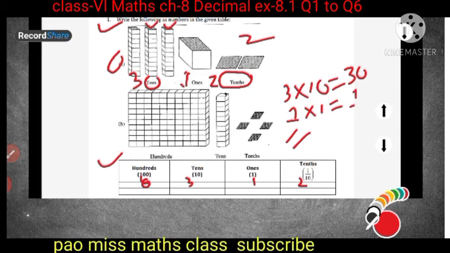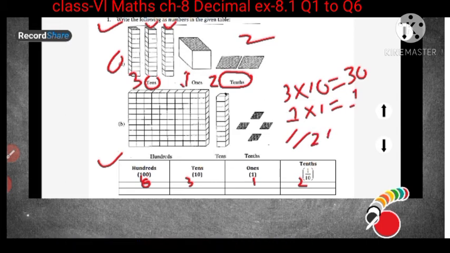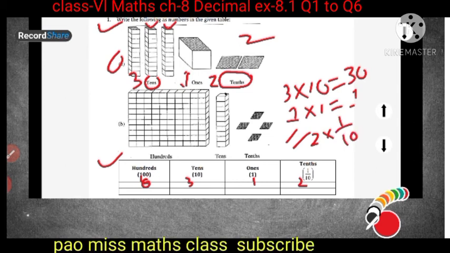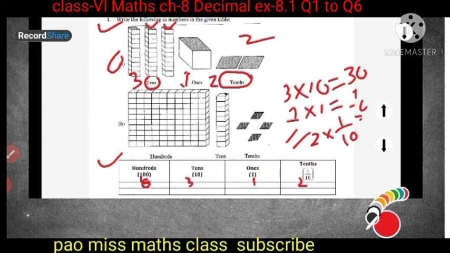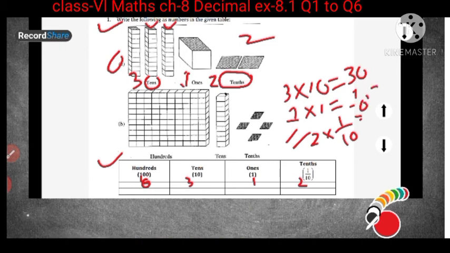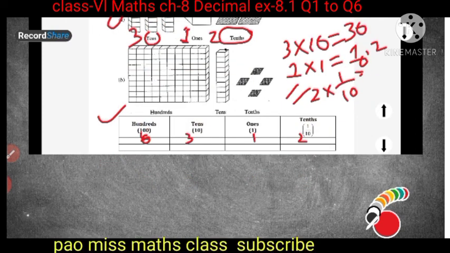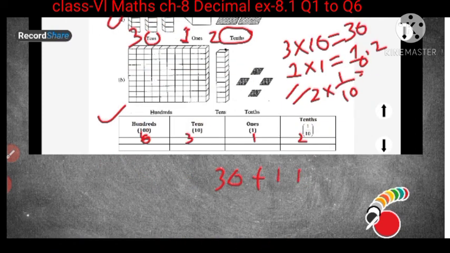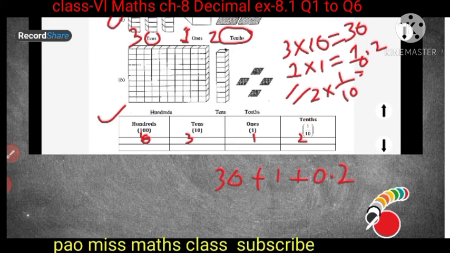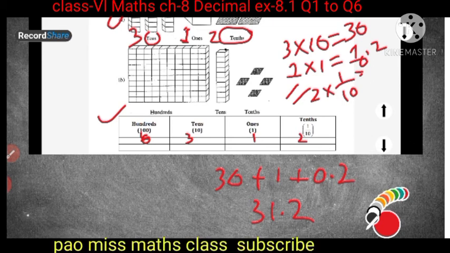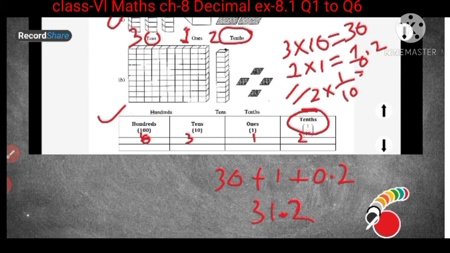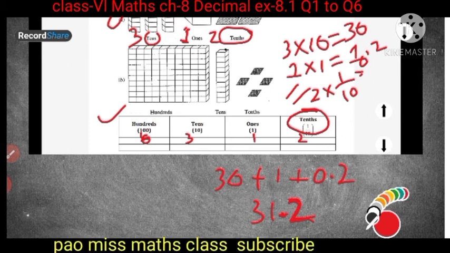And how many tenths are there? 3, so it means 3 into 1 upon 10, which is equal to 0.3. Now if you add all this, 20 plus 1 plus 0.3, it will become 21.3. So wherever you set tenth, that number will be after the decimal.